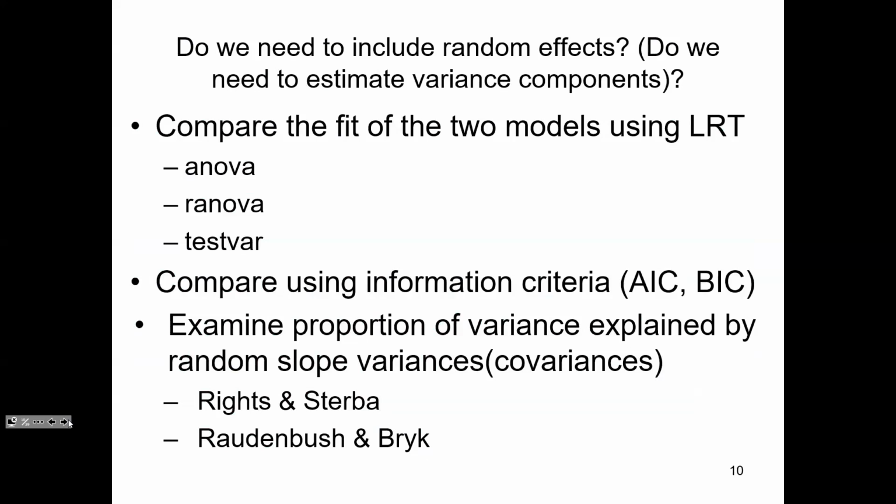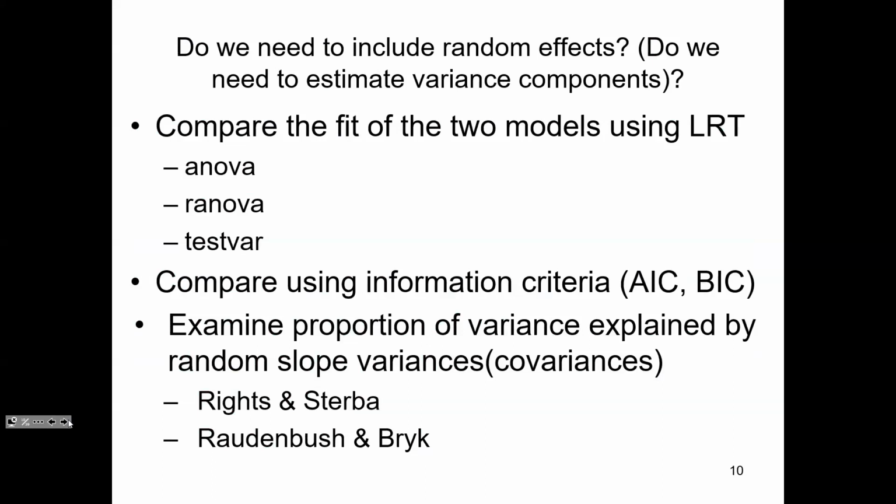I can look at what proportion of variance, or how much variance, there is between clusters in terms of my slope, after accounting for everything else in my model. So I can be looking at some of these proportion of variance explained measures. How much have I reduced the variance is good, but also how much variance remains. And is the proportion of variance explained by the randomly varying slopes enough that it would be a real mistake to drop the randomly varying slope?